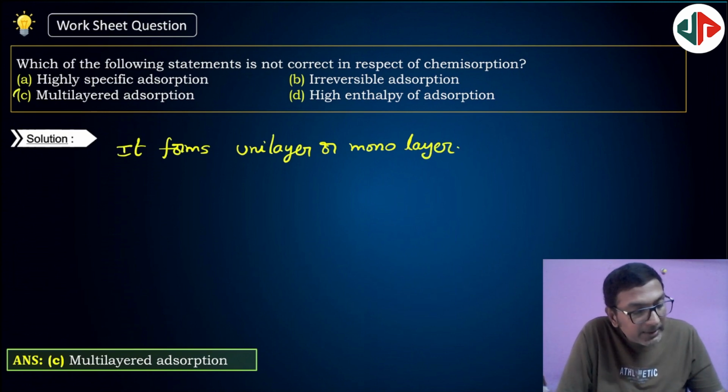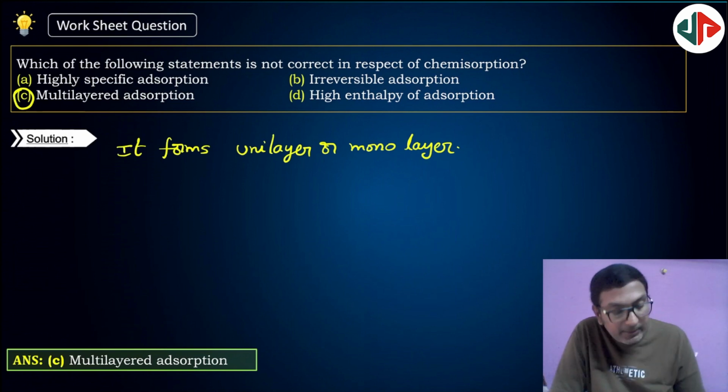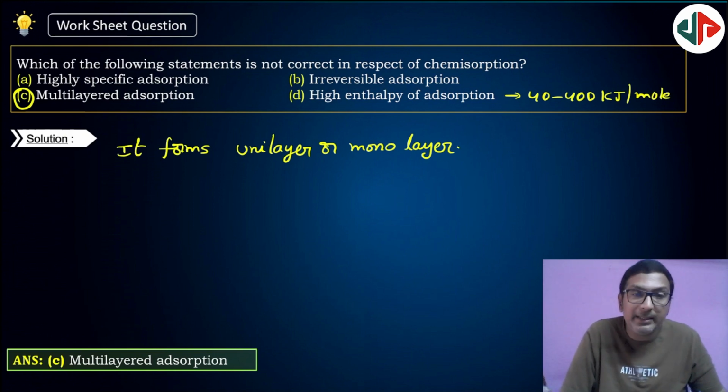That means option C is incorrect. High enthalpy of adsorption. That means you can take it as 40 to 400 kilojoules per mole, very high. That is also correct. Only C is incorrect. Next.